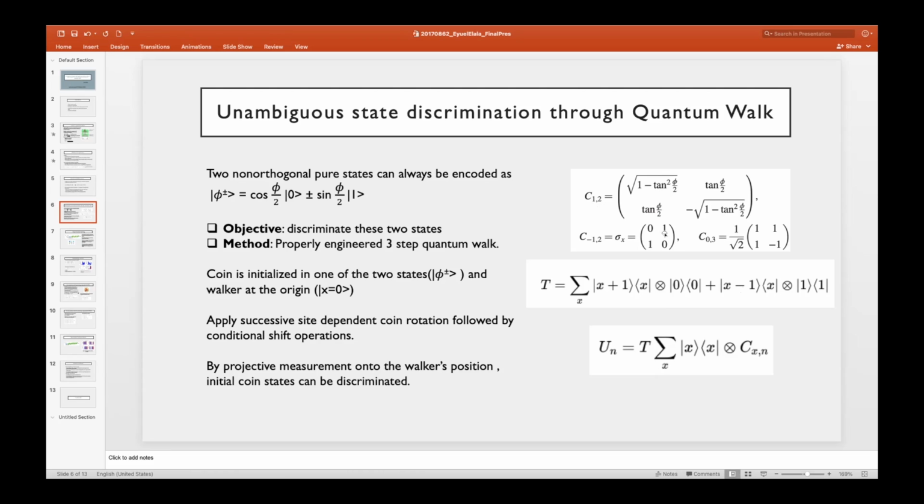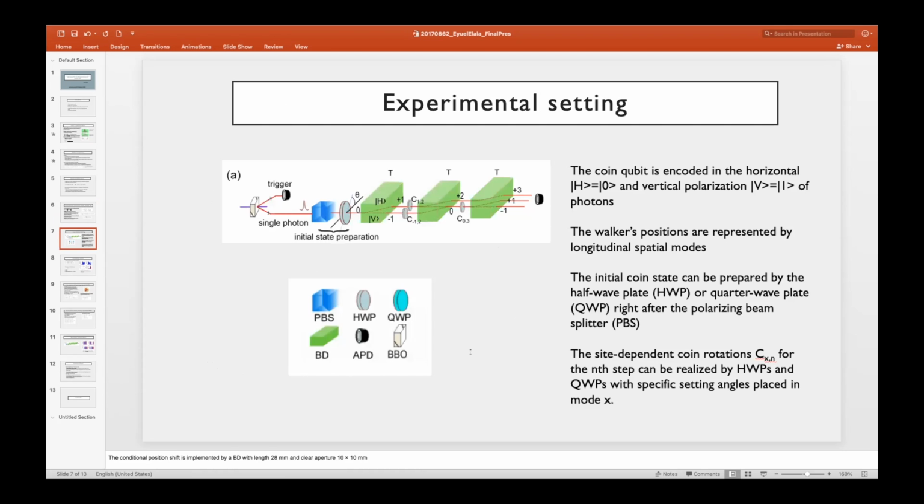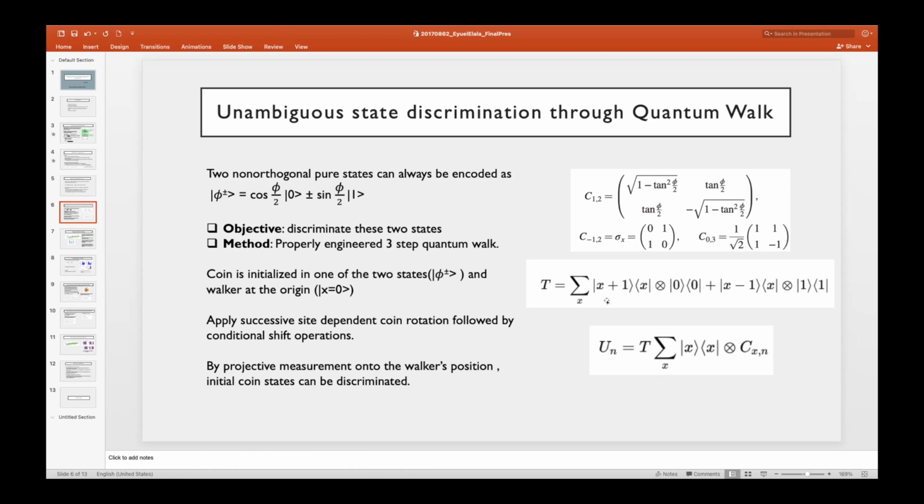Then in the third step, if it's at three, you apply this operation, else you apply the identity. Finally, at the third step, you get a state of the Walker and the coin that is entangled.